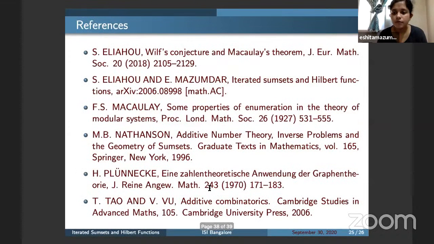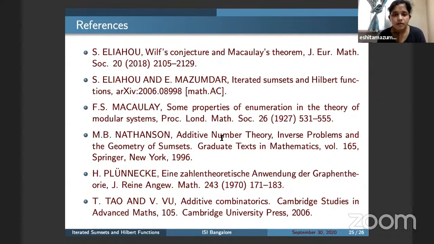Well, this is the main part which I wanted to talk about my research, and here are a few references. The first reference gives us the condensed version of Macaulay's theorem. This is our paper, which is already submitted, and today I have talked about this paper only. The third paper, published in 1927, is where we have taken Macaulay's theorem from.